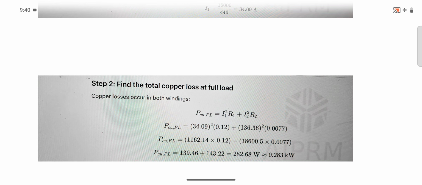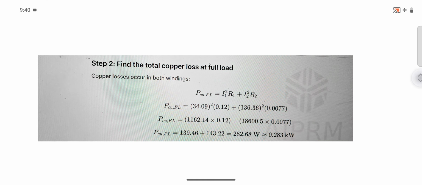Now we have to calculate the total copper loss at full load. Copper loss occurs in both windings, so we have to calculate both. First condition: full load at power factor 1. Copper loss is equal to I square R, you have to remember this.